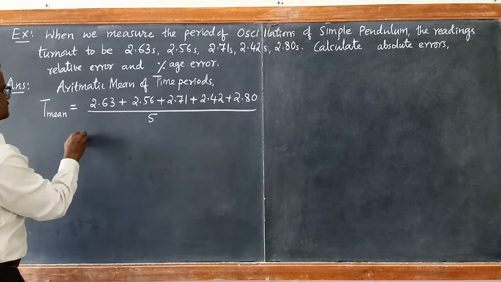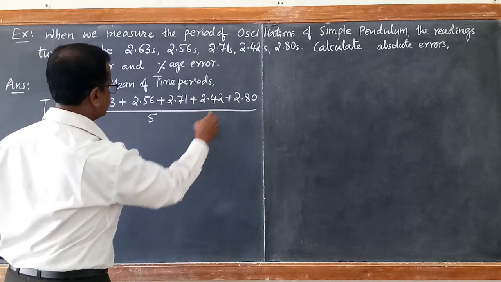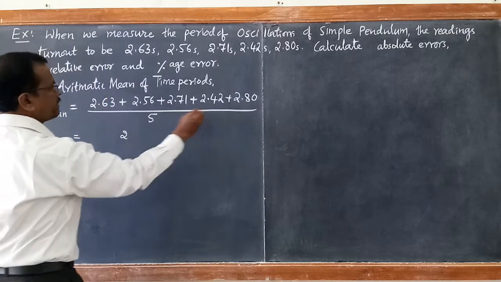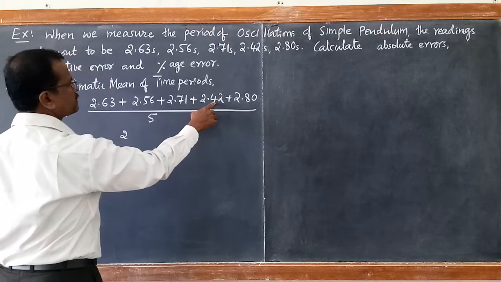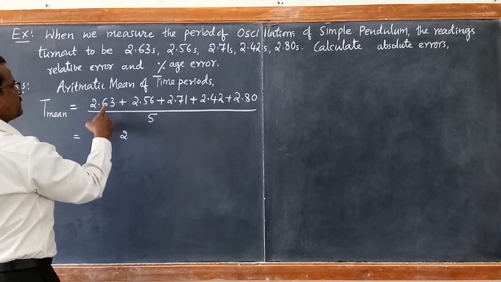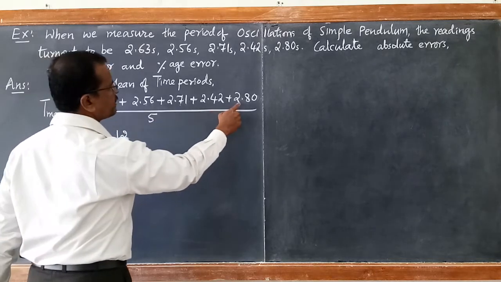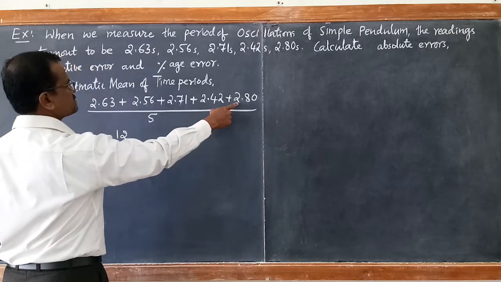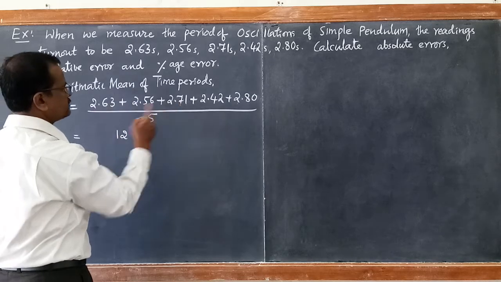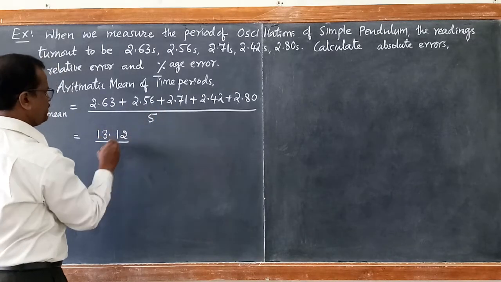So if you add this, 3 plus 6, 9, 10, 12, carry 1, 9 plus 4, 13 plus 7, 20, 25 plus 6, 31, carry 3, 3 plus 2 is 5, 10, it becomes 13.12, divided by 5.